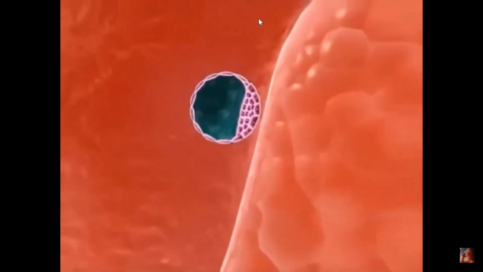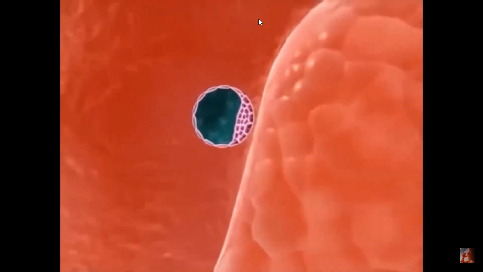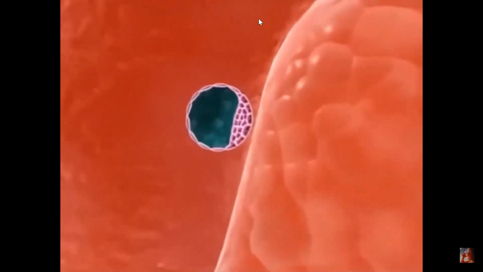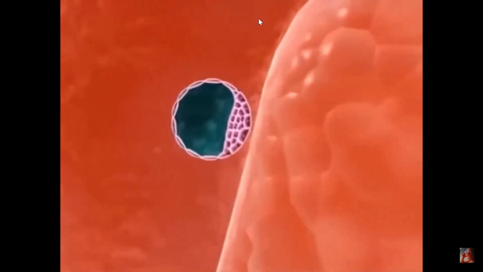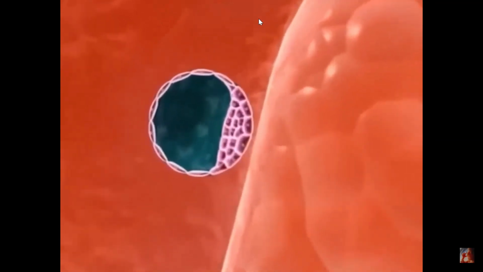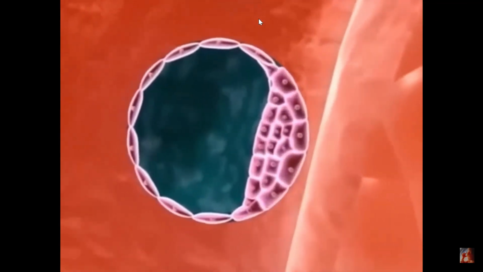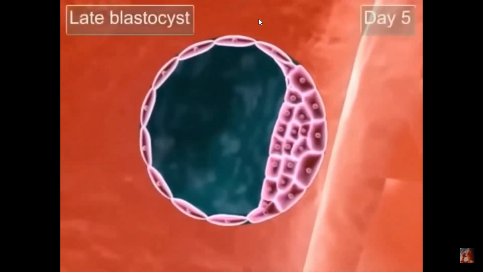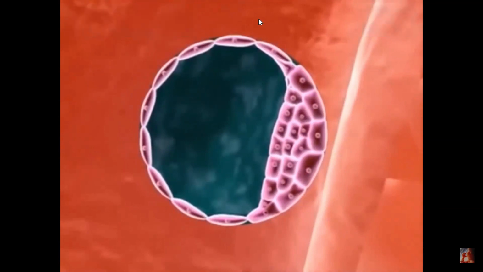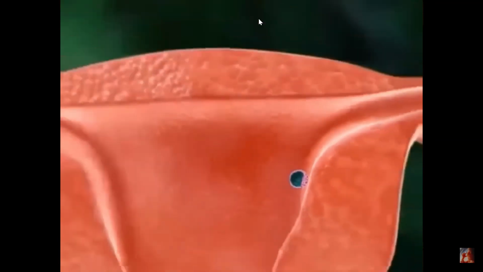Now just before implantation, zona pellucida is shed off. And now this blastula gets attached to the endometrium. This stage is the late blastocyst stage.